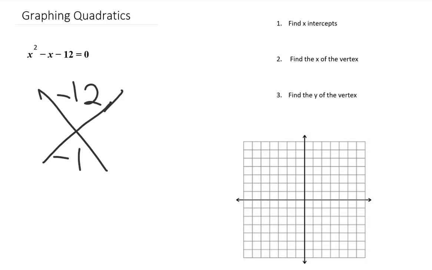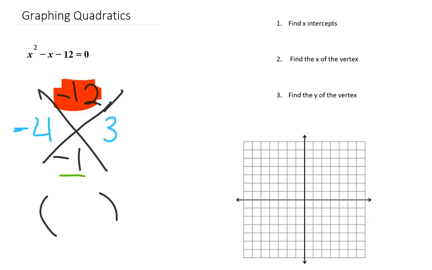I'm looking for two numbers that multiply together to be negative 12, and then combine to be negative 1. If I think about 12, I can use 4 and 3, because 4 and 3 multiply to be 12. If I make my 4 a negative, negative 4 times 3 is negative 12. Negative 4 plus 3 is negative 1. So we're good to go there.